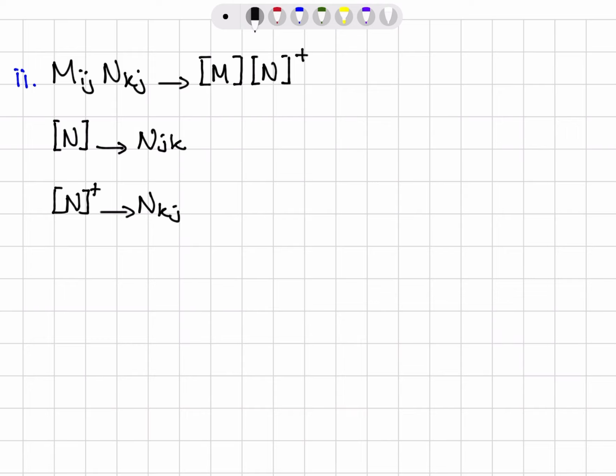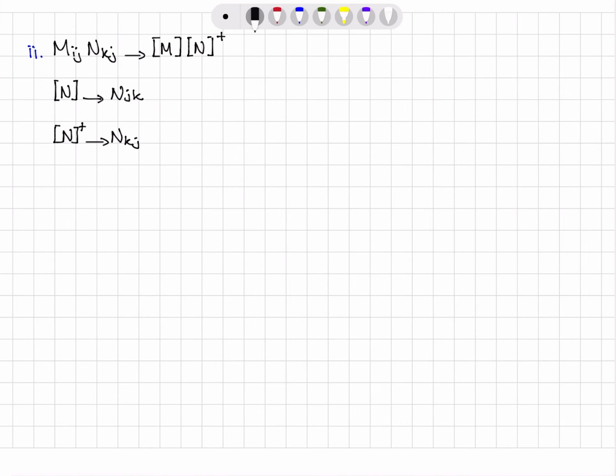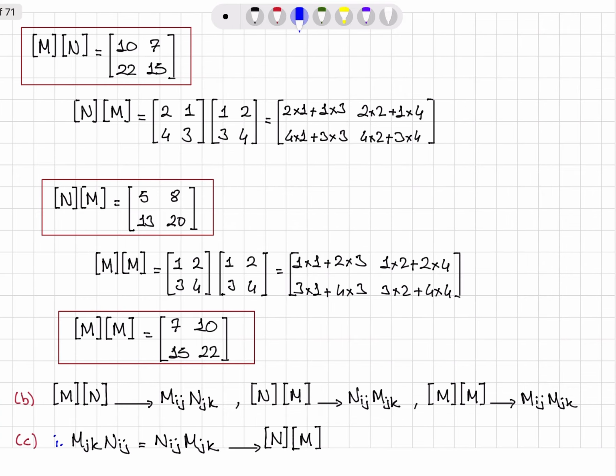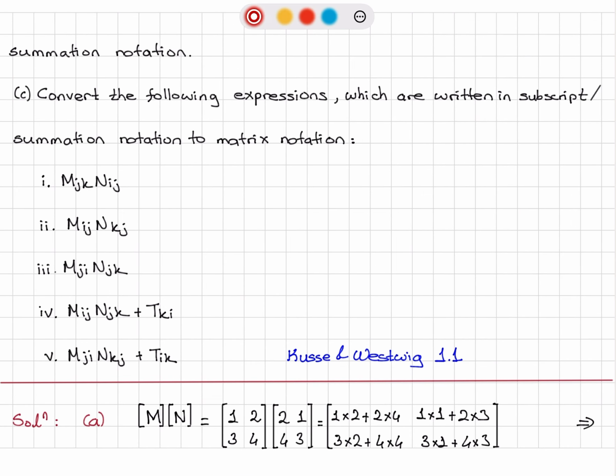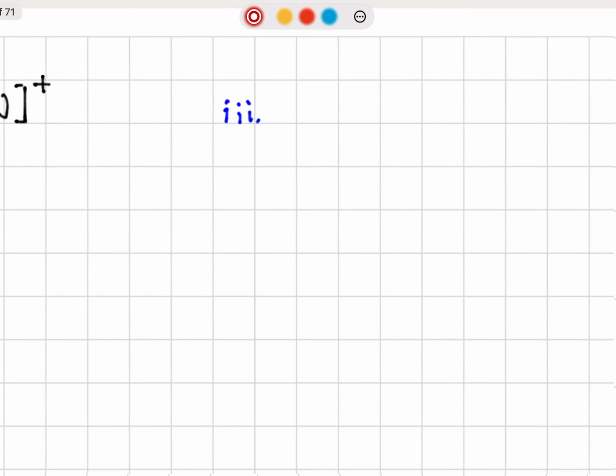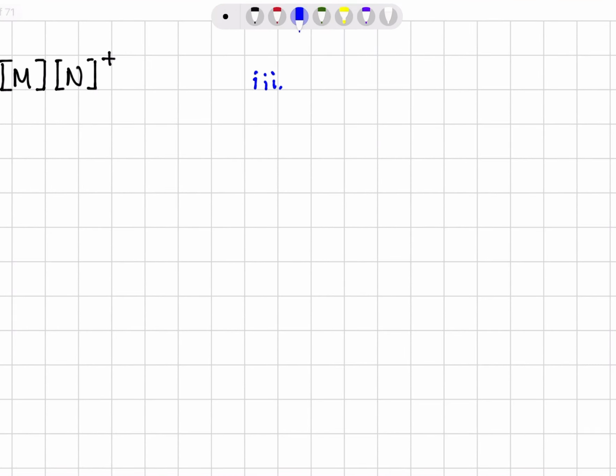Okay, let's move on to the third one. The third one is Mji and Njk.